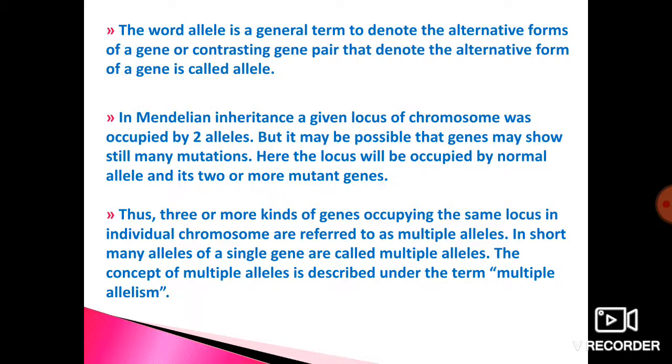So in one person, 2 of them will be there, in another person another 2 of them can be there, but never ever will they move away from chromosome number 7 or locus point 2. This is important to note, that every multiple allelic gene has to be in the same locus of the same chromosome in the homologous pair.